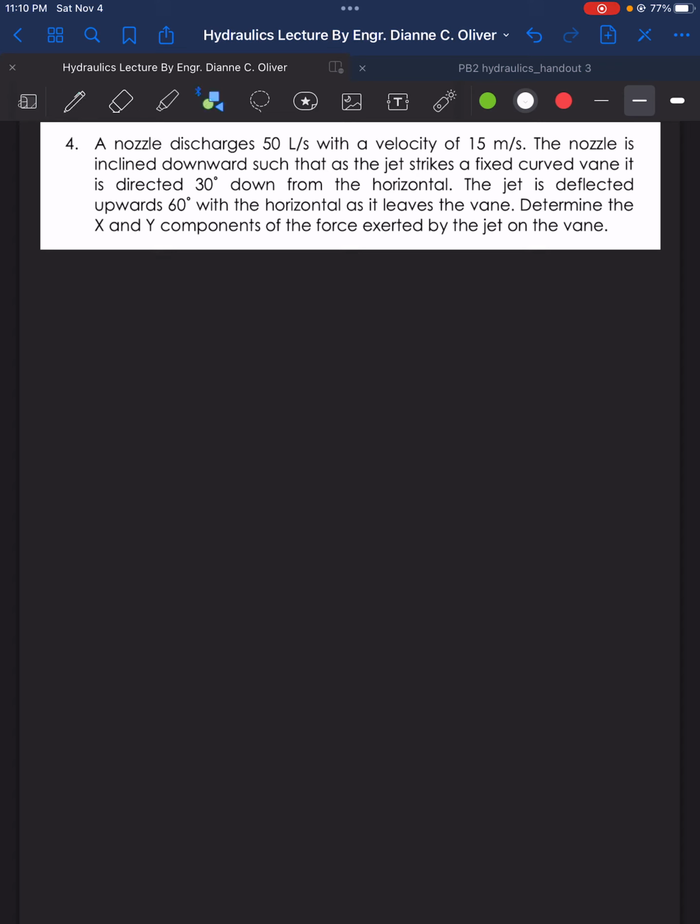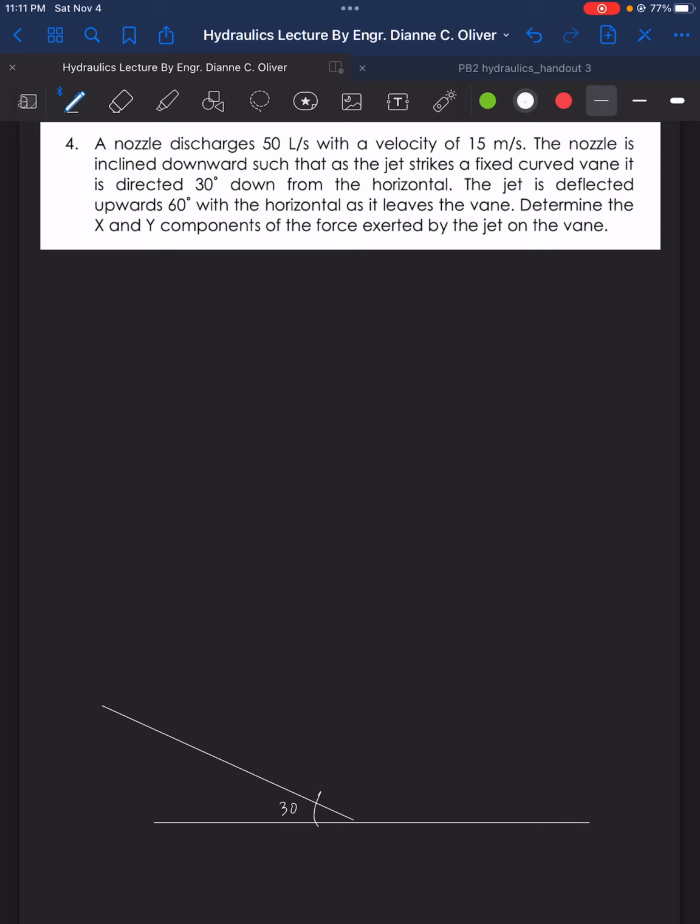So that means the nozzle is inclined downward. So the nozzle, or the origin of the jet, is directed downward. So it's like this. This is our horizontal. So our jet enters the curved vane 30 degrees down from the horizontal, and then the jet is deflected upwards 60 degrees with the horizontal as it leaves the vane.